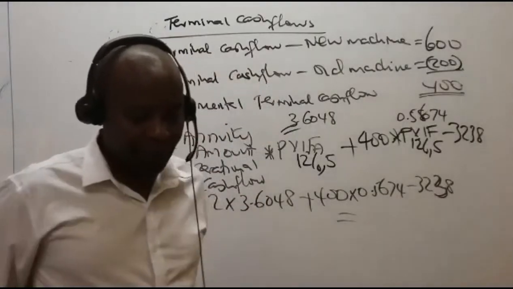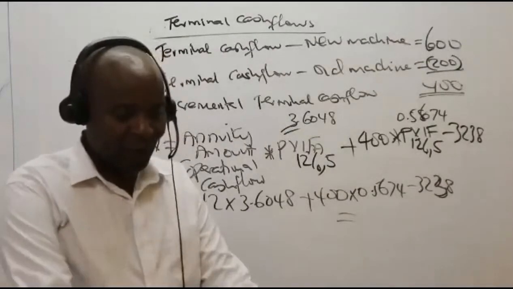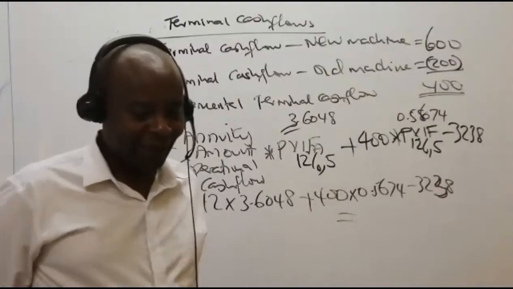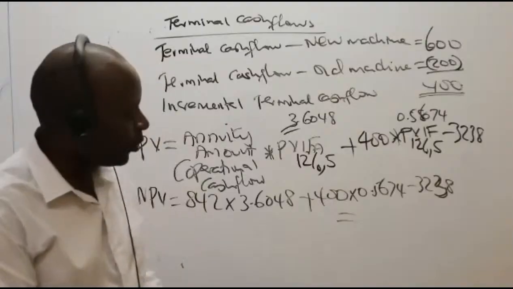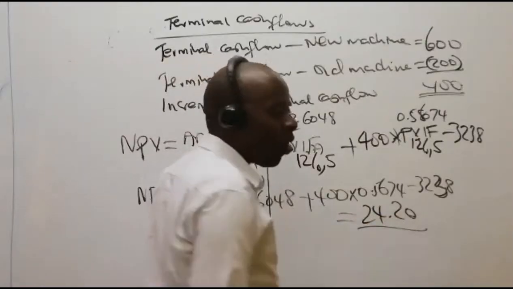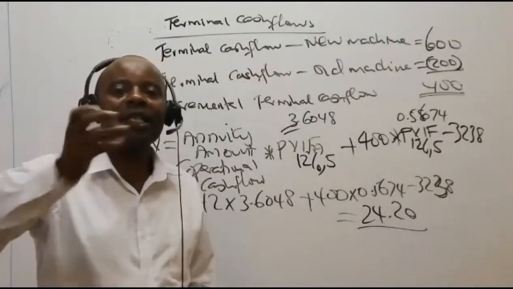Who is able to give us that net present value? I can see from Olivia, 24.20. However small, so long as it is positive, the decision to replace is viable.